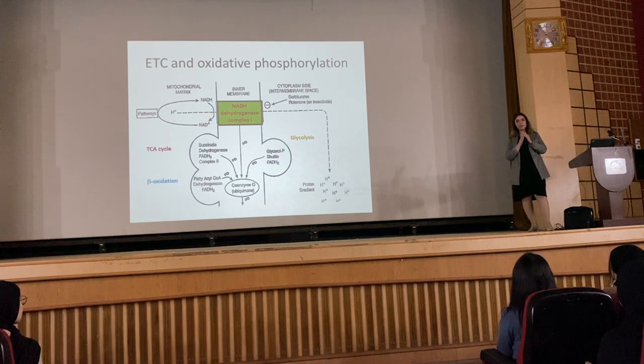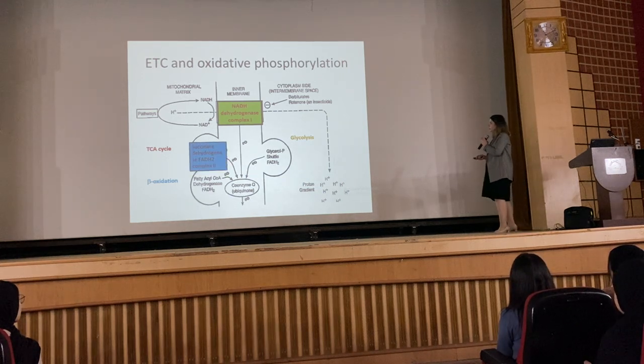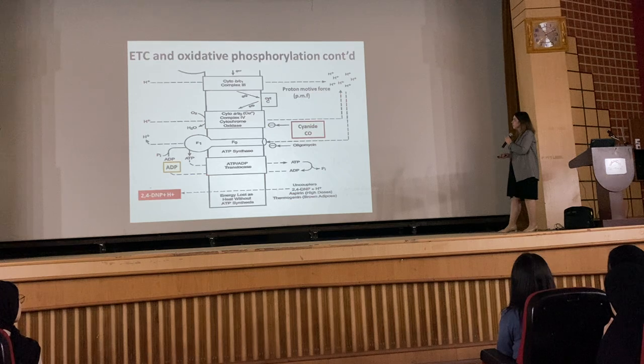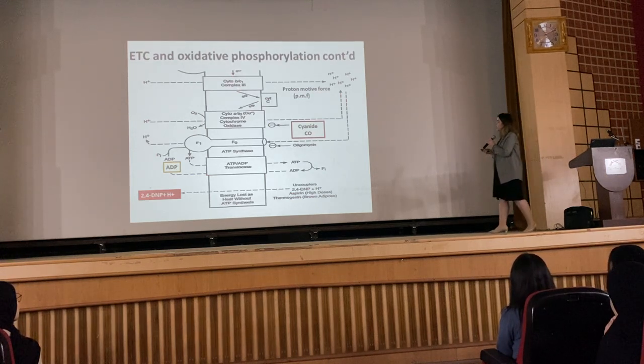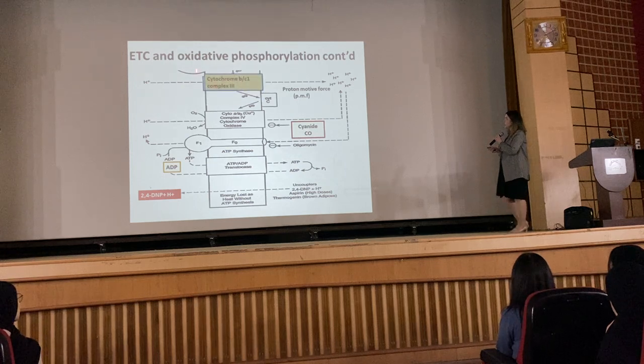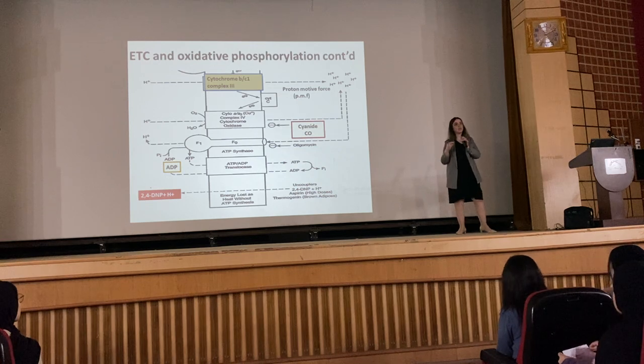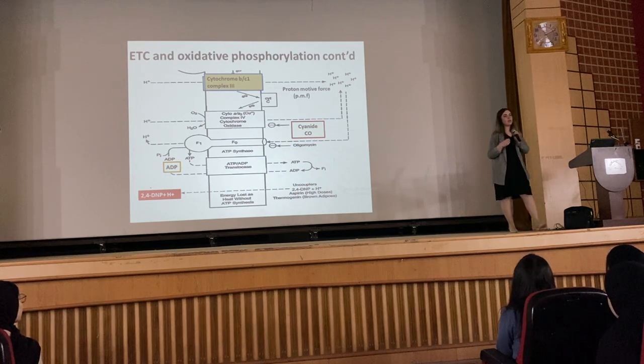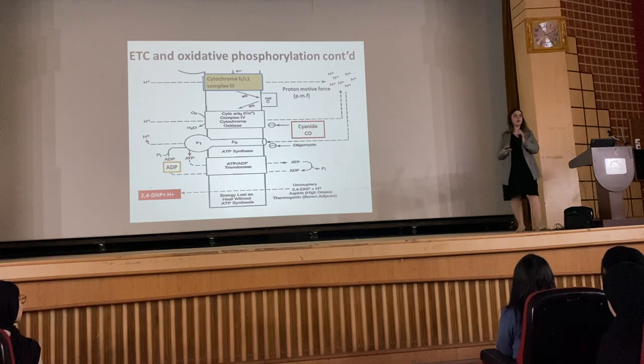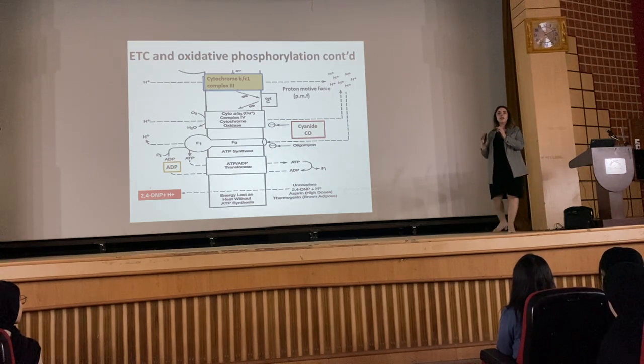The electron then goes to enzyme Q, which connects to complex 3. There is a lot of content inside the complex, but we don't need to remember what's inside complex 3 or complex 1 or, for example, complex 4.